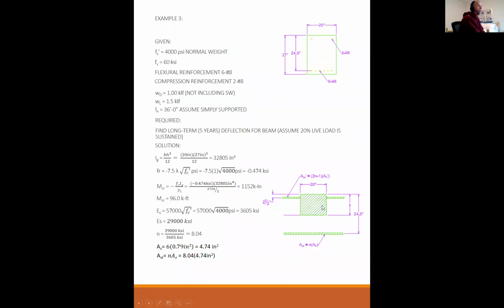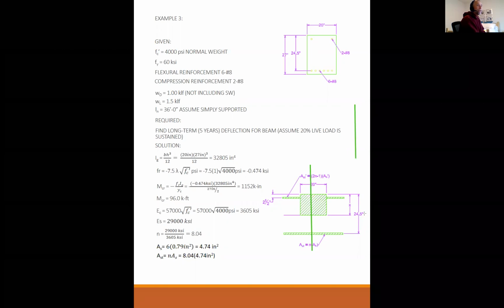So if I were to look at a section through here, let me annotate this. And again, I'm very glad you asked the question. If I cut a section right through there and look at it from the side, the stress in the concrete looks like this, and there's the neutral axis, and the stress in the steel is down here someplace.